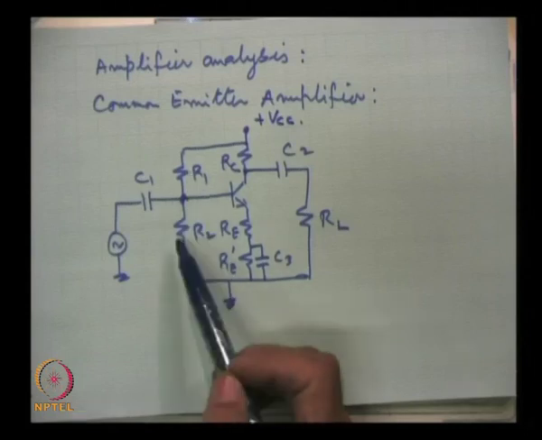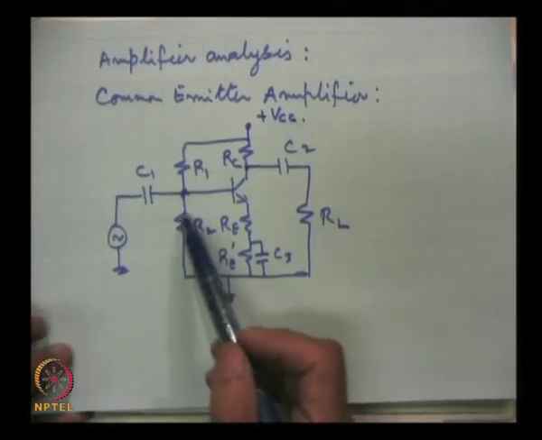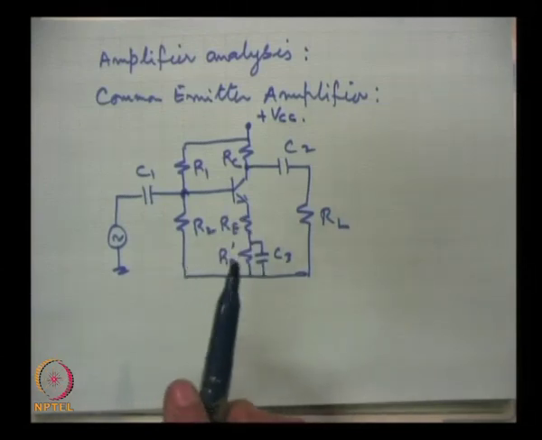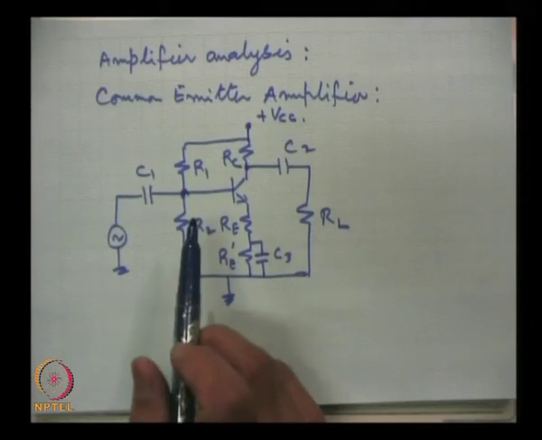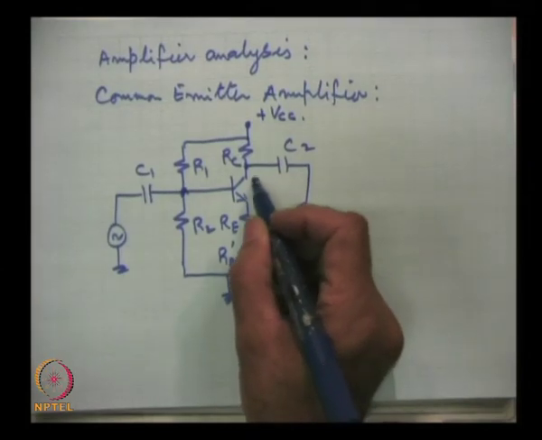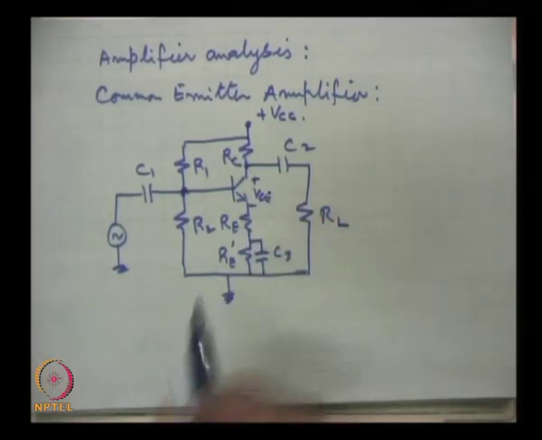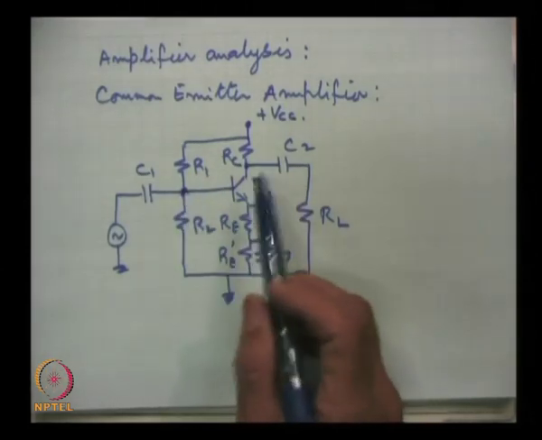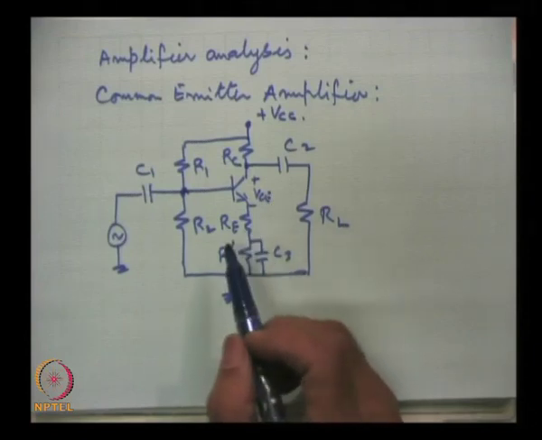These are the resistances which are used to provide a proper bias, and always remember that the emitter junction has to be forward biased, collector junction has to be reverse biased, so that we are in the active region, and then we have to choose proper values of the DC currents, the I c, and this voltage drop V c E q. This we have to derive properly, so that the circuit functions.